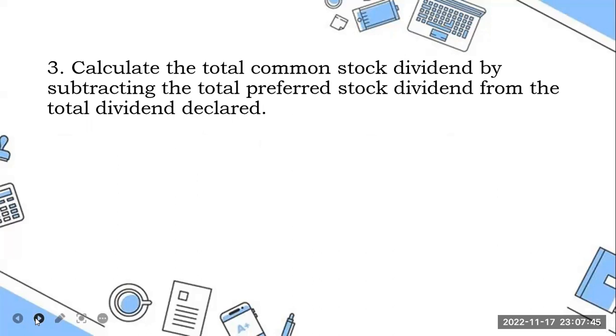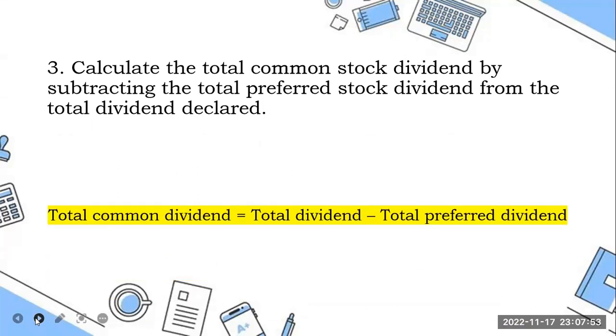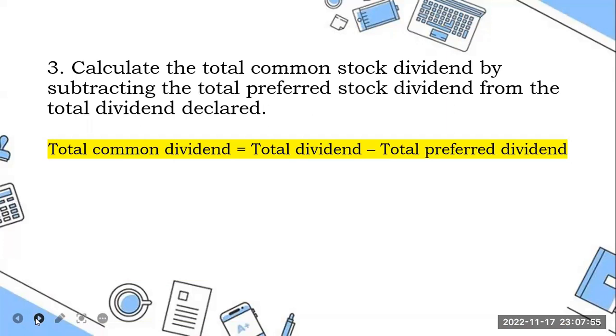Step 3, calculate the total common stock dividend by subtracting the total preferred stock dividend from the total dividend declared. Okay, so that's the formula. Total common dividend is equal to the total dividend minus the total preferred dividend.